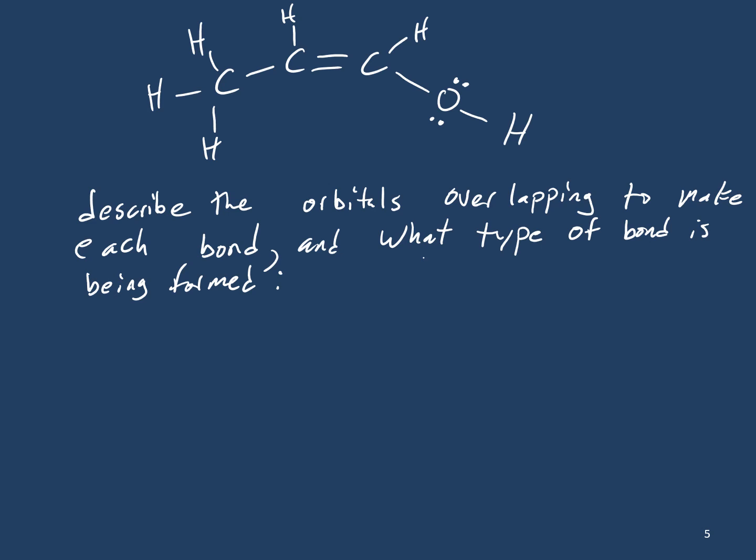So for instance, some of these are going to be identical, right? This bond, and this bond, these 3 hydrogen-carbon bonds are all going to have exactly the same orbitals overlapping and are going to form sigma bonds.